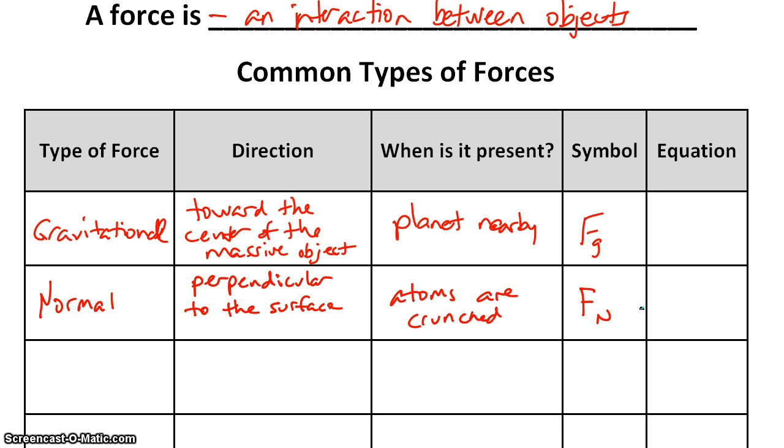Sometimes we might actually rub surfaces against one another. If I want to slide the hover puck across the ground and I don't have it turned on, we'll experience a frictional force. And this frictional force always acts parallel to the surfaces. We could say along the surfaces that are involved in the interaction.